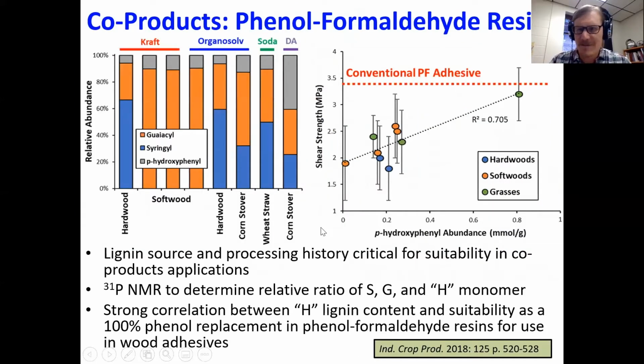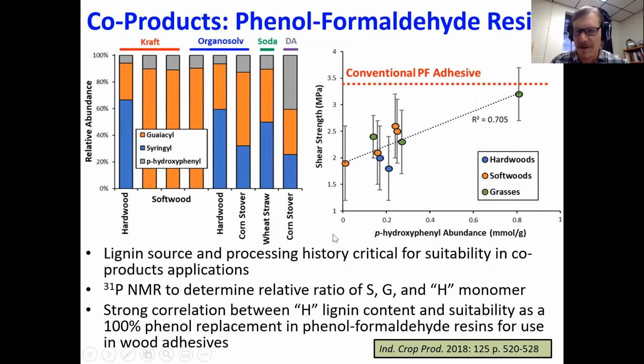So another motivation for this project is our collaborator Mojgan Nishad, who's a co-author on this paper, at Michigan State University. She's screened a number of different industrial lignins, including hardwood and softwood lignins that derive from kraft pulping, wheat straw soda lignin, and hardwood, corn stover, and softwood organosolv lignins.